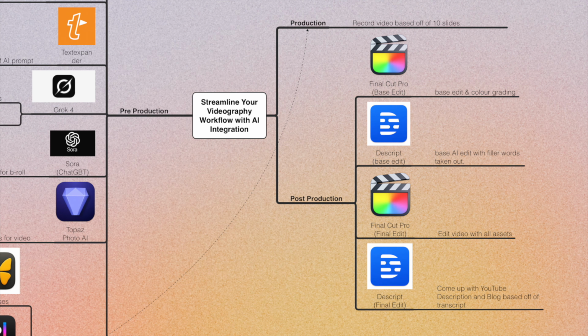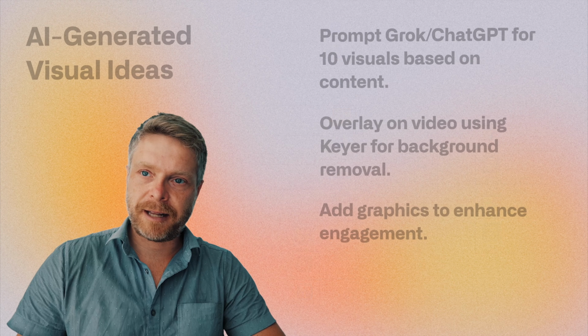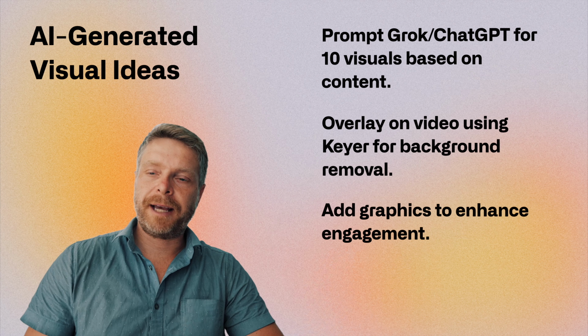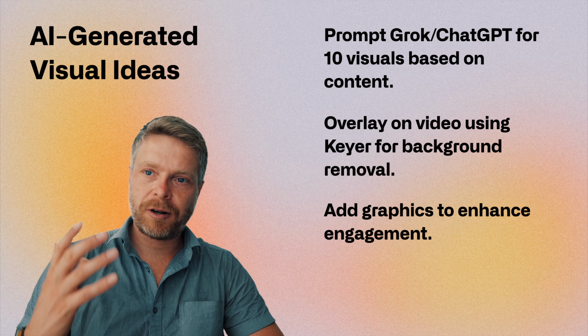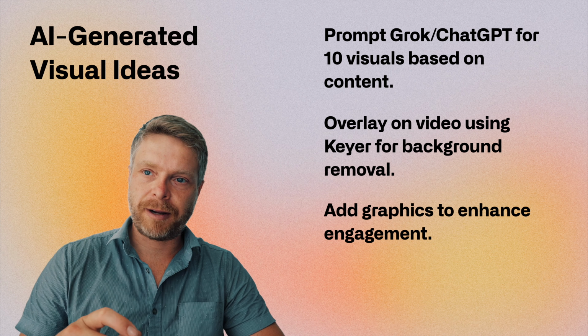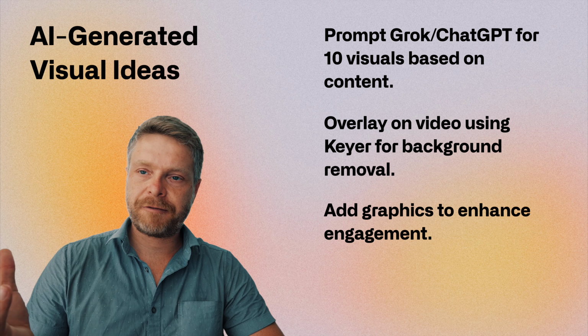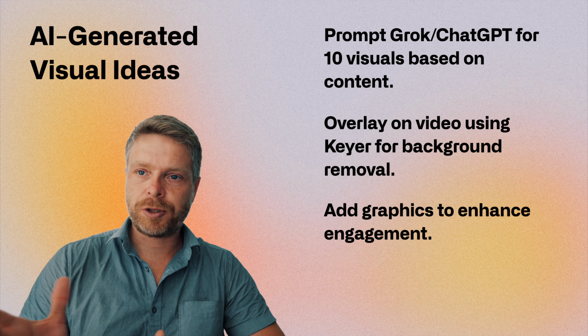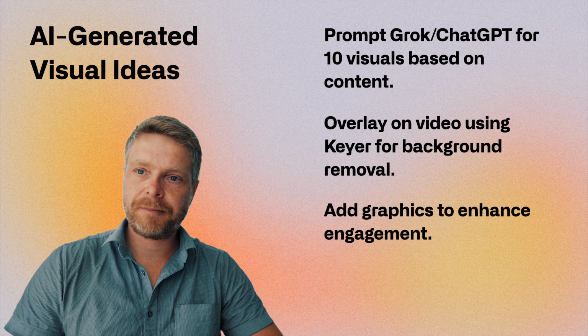What I typically do is copy and paste the content of the slides into my LLM. So typically it's using Grok or ChatGPT. And then, using another text expander prompt, I can copy the transcript from Descript, and you can also create a blog based off of it in Descript.